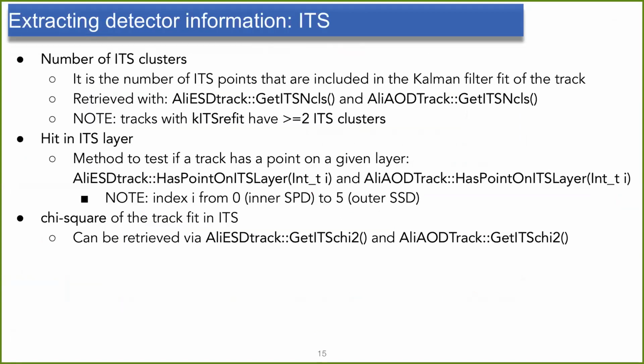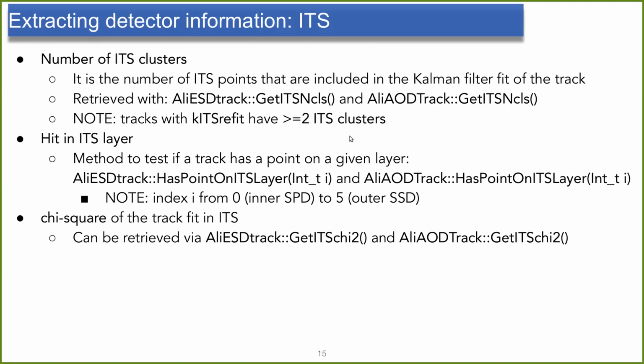In that case, we will always have greater than or equal to 2 ITS clusters. If we do not put that condition, then we can have a maximum of 6 clusters. In your analysis, you can further put any additional cut, that your track needs to have 4 ITS clusters, 1 ITS cluster, or 3 ITS clusters, depending upon your criteria.